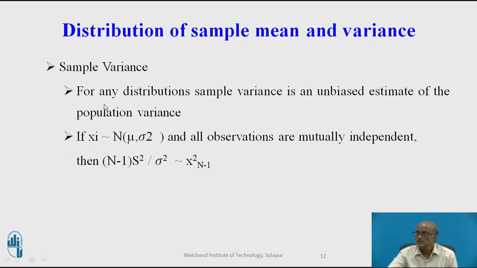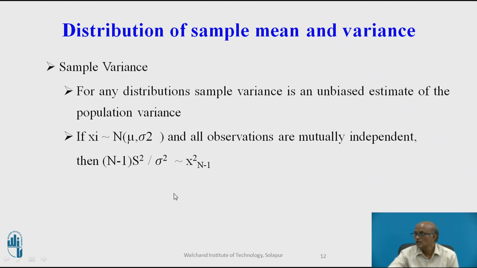And for any distribution, the sample variance is an unbiased estimate of the population variance, where X i are N(mu, sigma squared) and all observations are mutually independent, and then (n minus 1) S squared upon sigma squared follows chi-square with n minus 1.